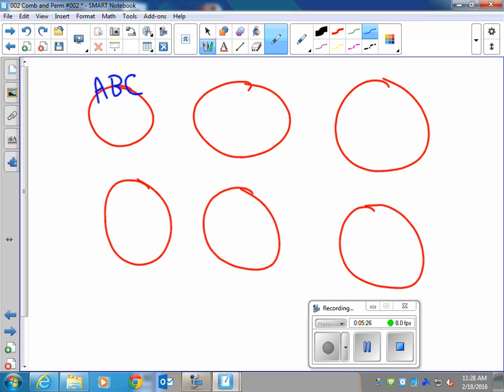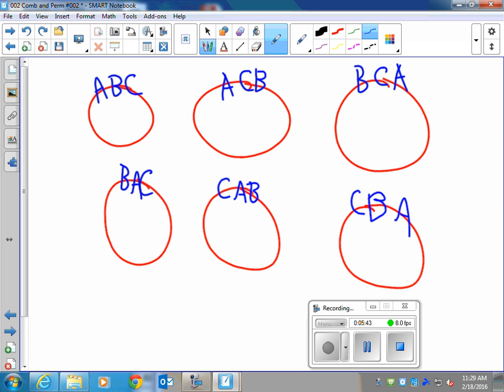But watch what happens if I go ACB, BCA, BAC, CAB, CBA. And think of those on a charm bracelet. How many of those are going to be duplicates? If you can swing those charms around, are there any duplicates here?